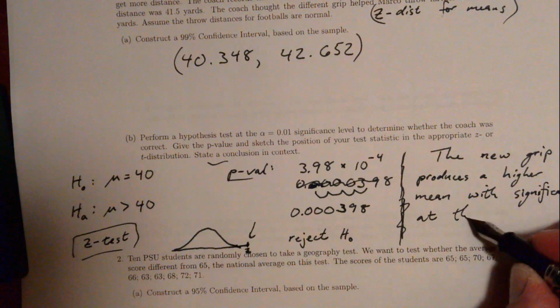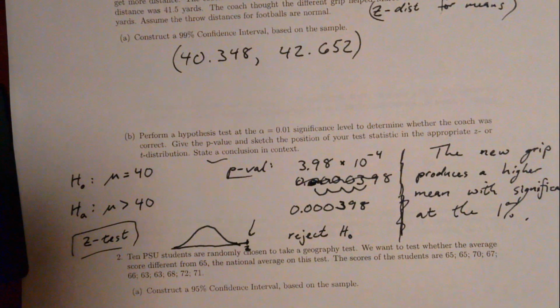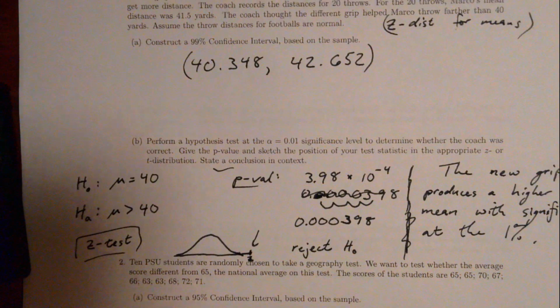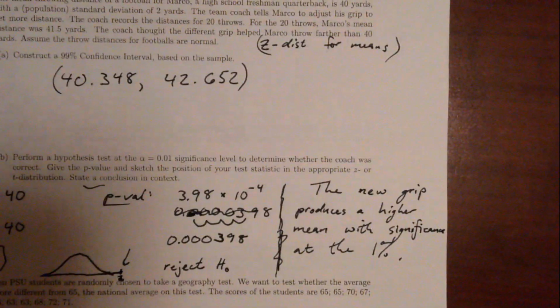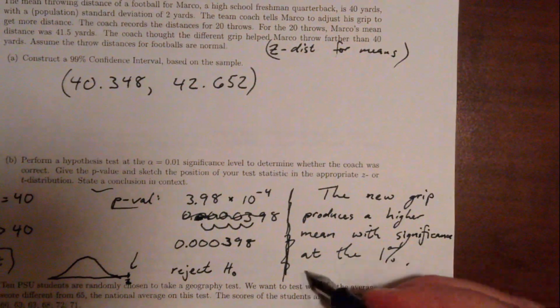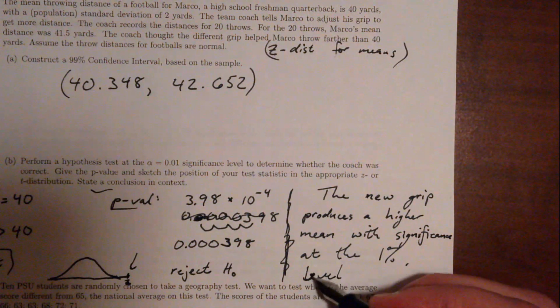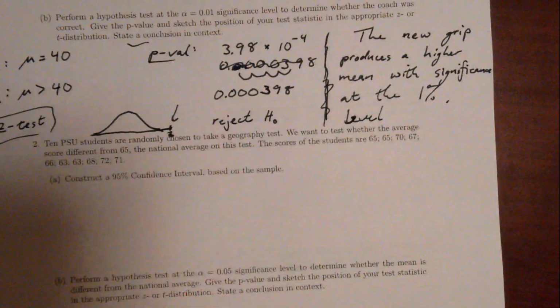There are a number of ways you can word it, but that'd be one of them. At the 1% level. Okay. Anyway, word it however you want to word it. Just make sure you get something in there about 1% and statistically significantly higher.